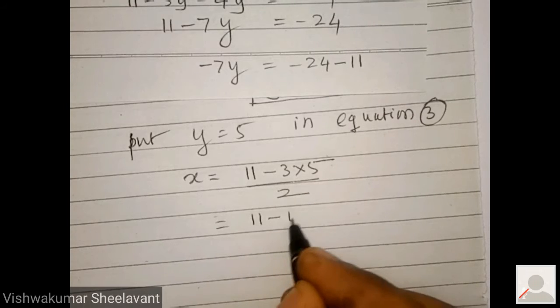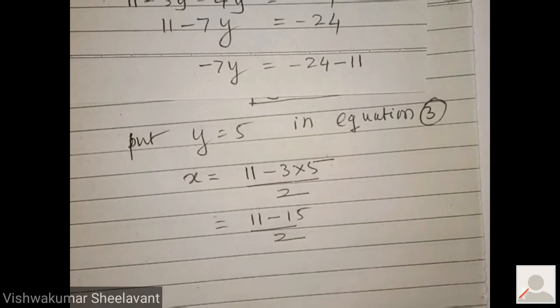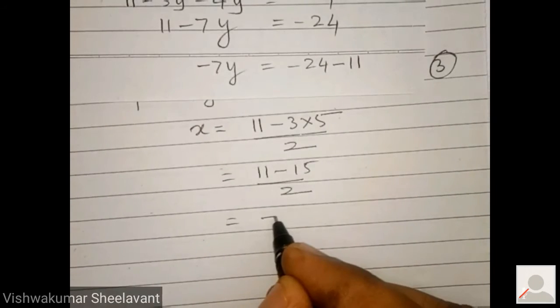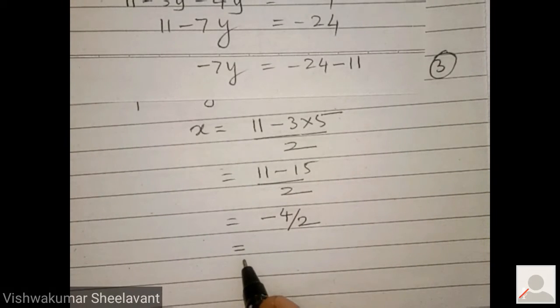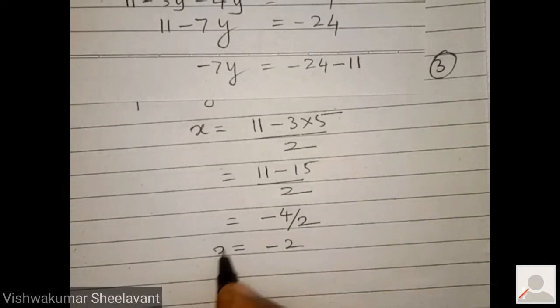So 11 minus 15 by 2. You get minus 4 by 2. So this will become minus 2.